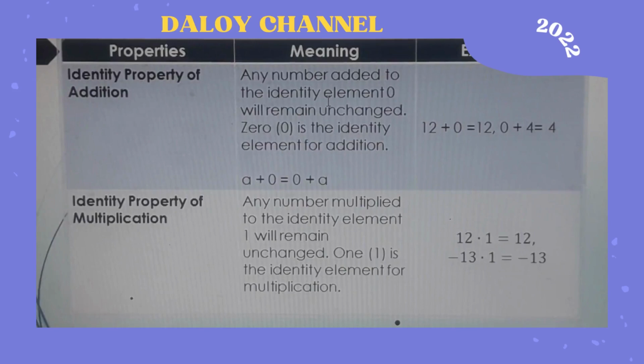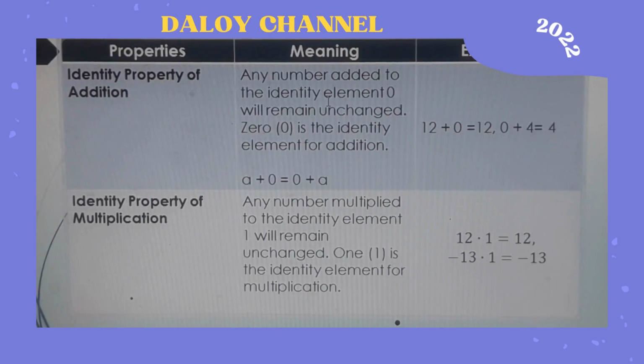So A added to 0 is equal to 0 plus A. For example, adding 12 plus 0 is 12. Second example, adding 0 plus 4 is 4.